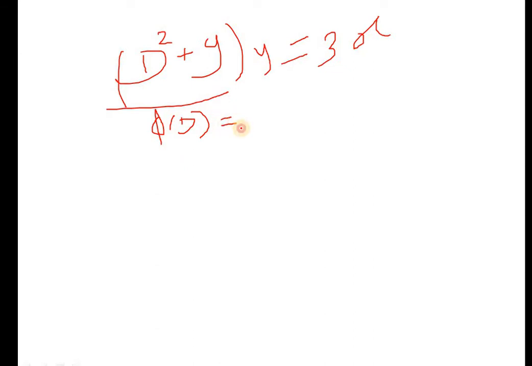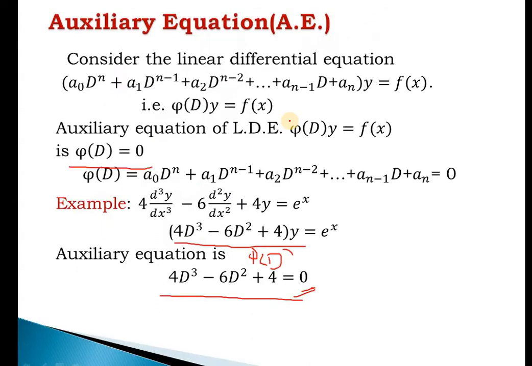So phi of D is equal to 0, and my auxiliary equation is D square plus 9 is equal to 0. This is my auxiliary equation.